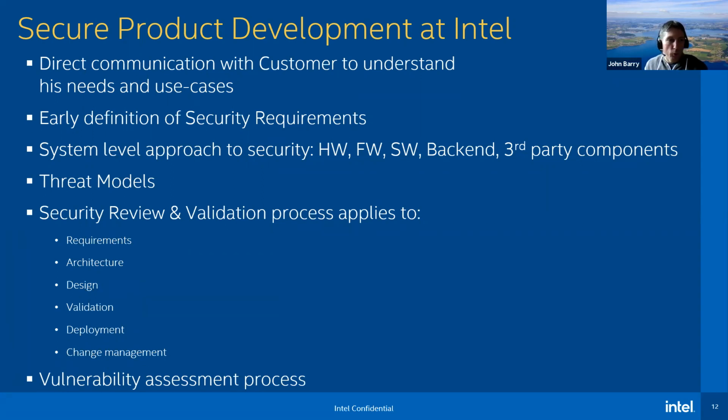The first element, as we touched on before, is really understanding where the system is going to live, how it's going to be used, what the customer really needs as the use cases, understanding their security model, what's trusted within their system, what's authenticated within their system, and what they then expose to their customers and to the broader market.